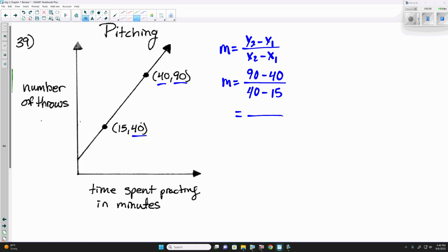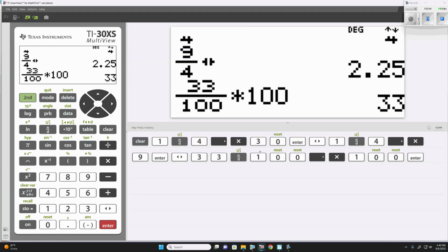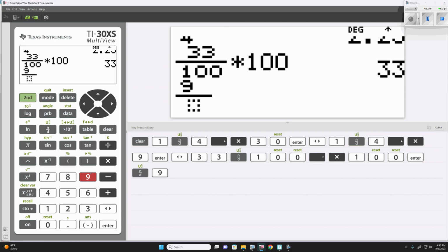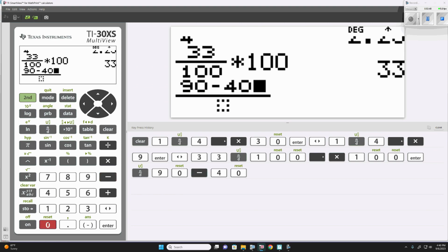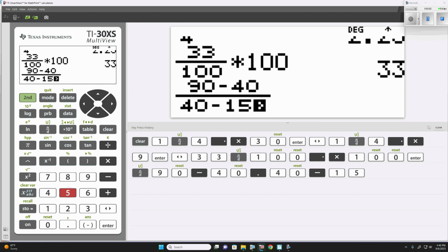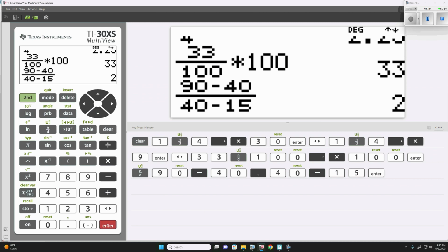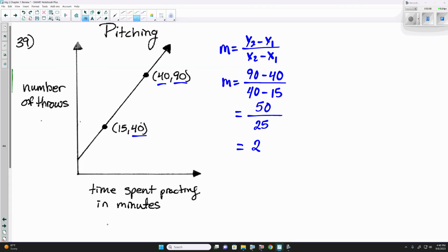Now at this point here, if we wanted to plug this into the calculator, we could, or we can do it by hand. 90 minus 40 is 50. 40 minus 15 is 25, which tells us it is 2. So our slope is 2.